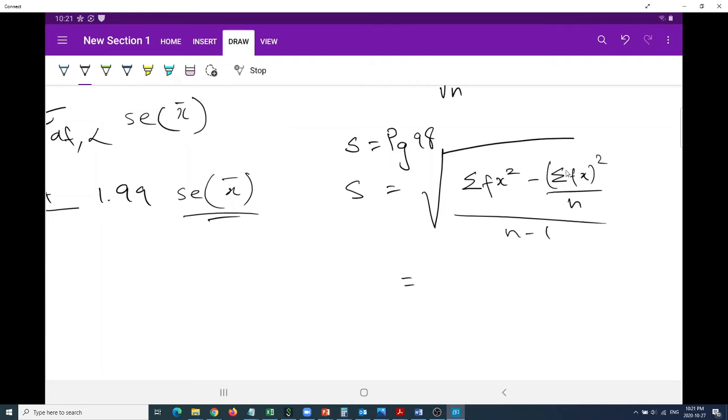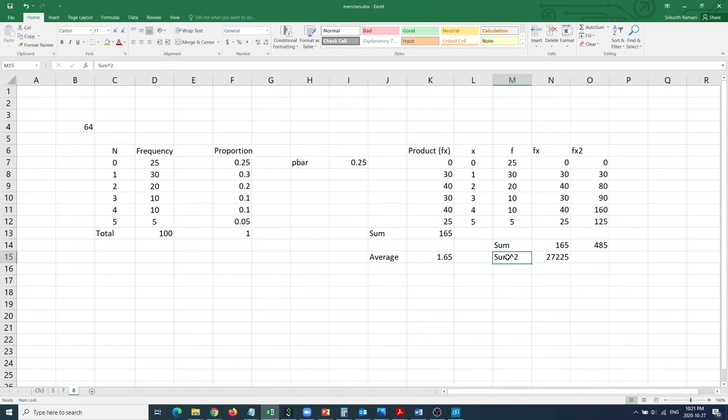And divide by n. And your n is 100. It's 272.25. And so the numerator is going to be 485 minus that value.